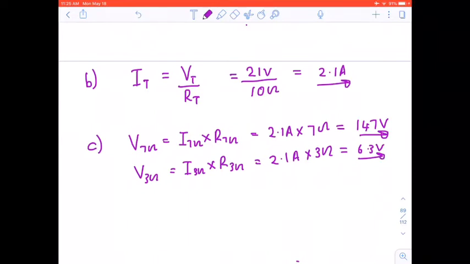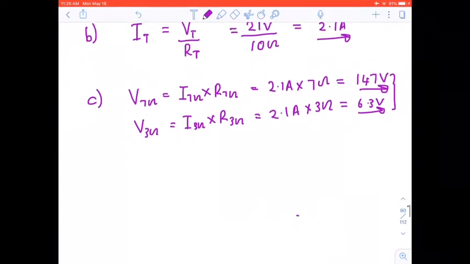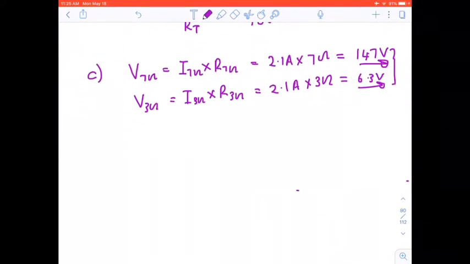Right, and as you know, 14.7 plus 6.3 is going to be 21 volts. You just do that to check.